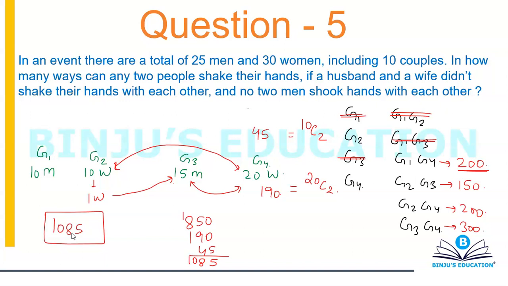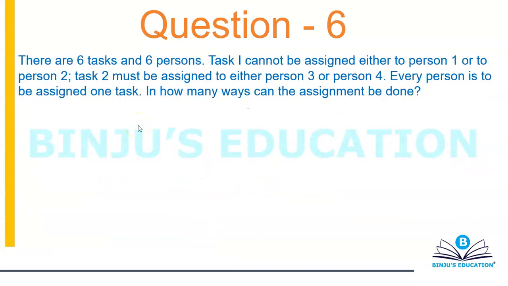That will be our answer. So it all depends on how you approach a particular question, nothing else. Okay. All right, time to move on to the next one. So pause the video and try this question number 6, please.